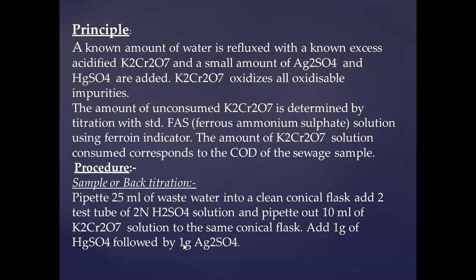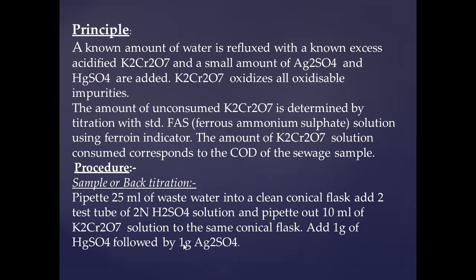We all know that FAS is ferrous ammonium sulfate solution, and here the indicator used is ferroin indicator. The amount of K2Cr2O7 consumed corresponds to the COD of a sewage sample. Here we are going to do 2 titrations: one is a back titration, another is a blank titration. The back titration is also called the sample titration.